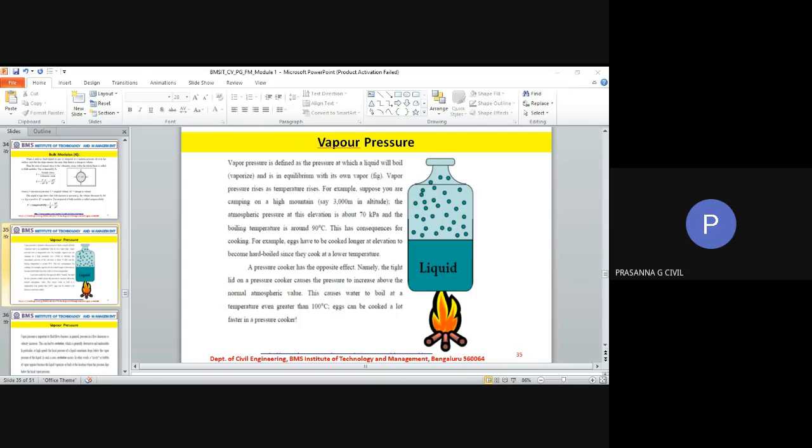So what is the bulk modulus of a liquid which is compressed in a cylinder from a volume of 0.0125 meter cube at 80 Newton per centimeter square pressure to a volume of 0.0124 meter cube at 150 Newton per centimeter square pressure.